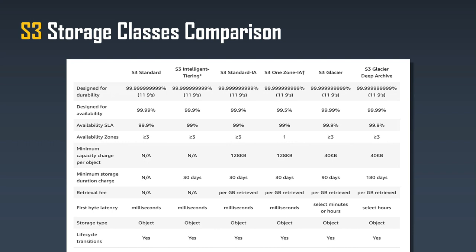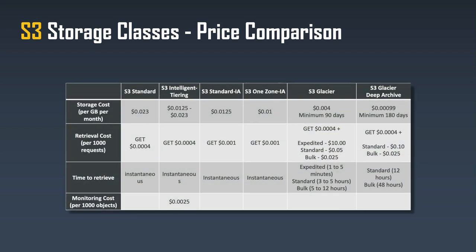Okay. And for those who like numbers, here is the chart that I have. You can look it up on your own time, but what it shows is that the cost of S3 Standard is 0.023, which is high. And if we go all the way to the right to Glacier Deep Archive, we have 0.00099 per gigabyte per month, which is a lot cheaper.